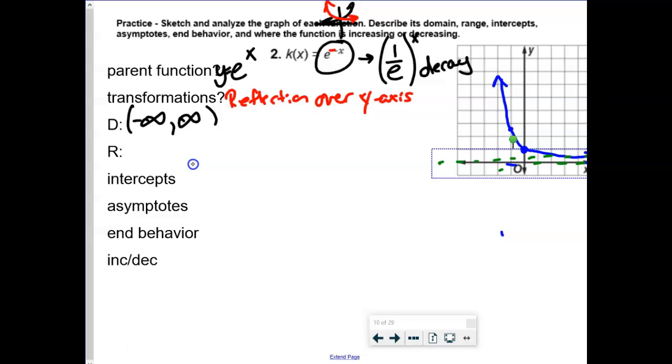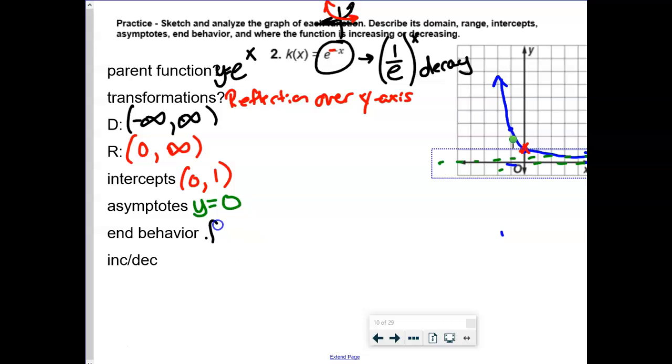The range was not affected by that transformation, so the range still starts at the asymptote at 0 and goes to infinity. Just make sure you guys are using a parenthesis on 0, not a bracket. The intercept, I think we kind of stumbled upon. There were no transformations that affected that original intercept, so when you plugged in x equals 0, you got a 1. The asymptote wasn't moved off of y equals 0.